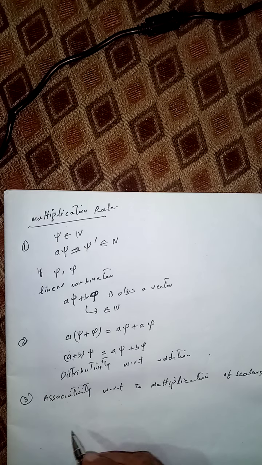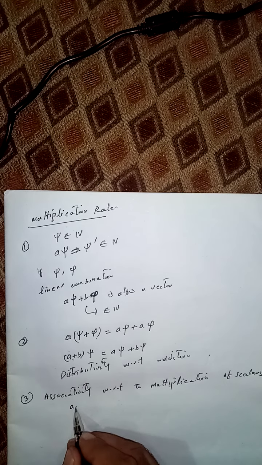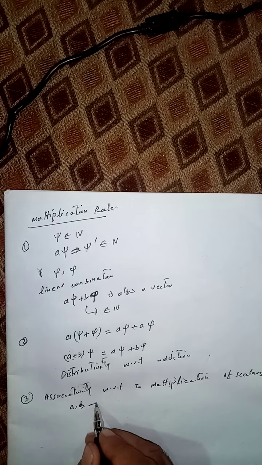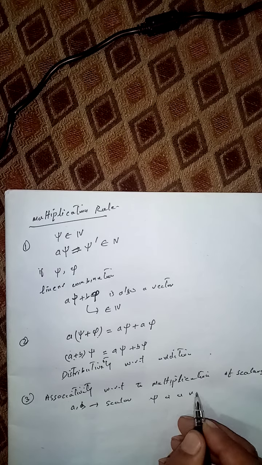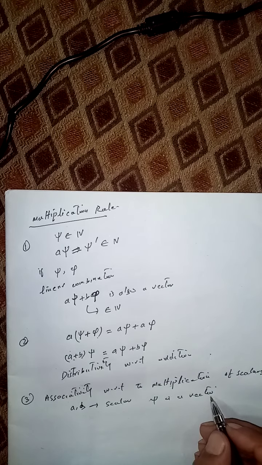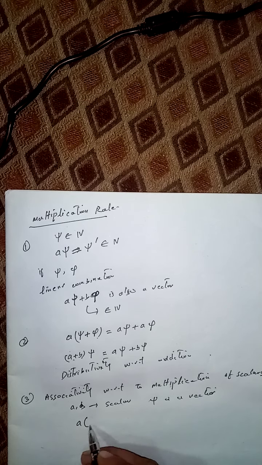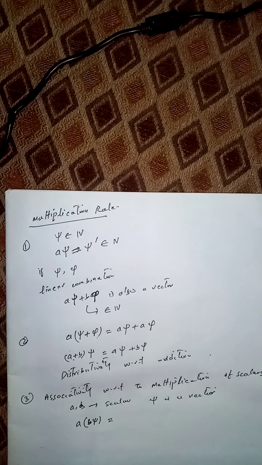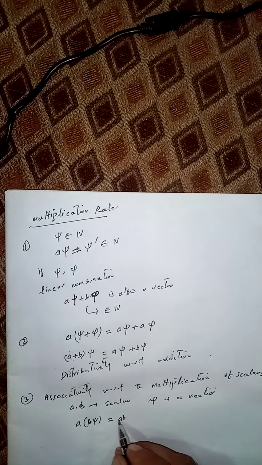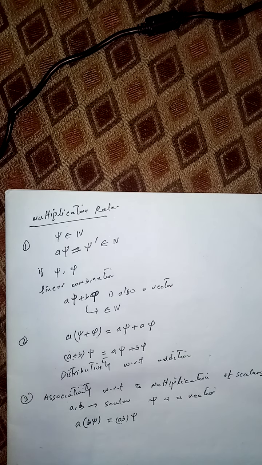It tells us that suppose we have two scalars A and B, and psi is a vector, such that if I multiply the vector with B first and then multiply it with A, or if I multiply the two scalars first and then multiply the product with psi, I will get the same result.